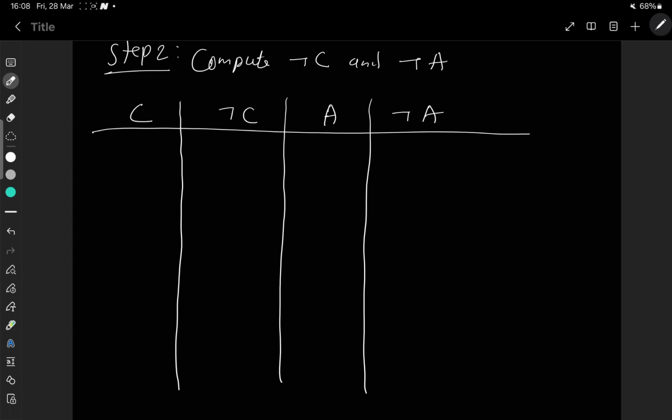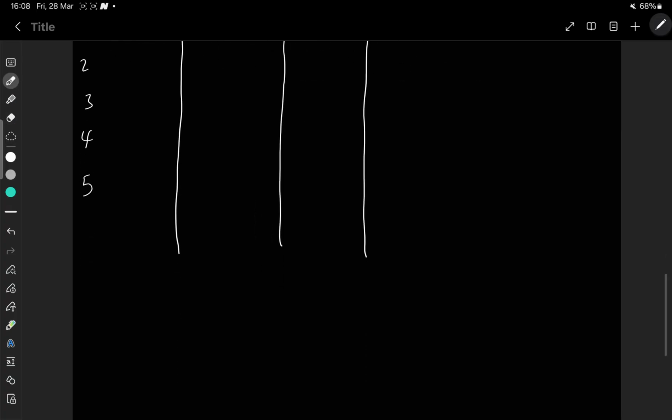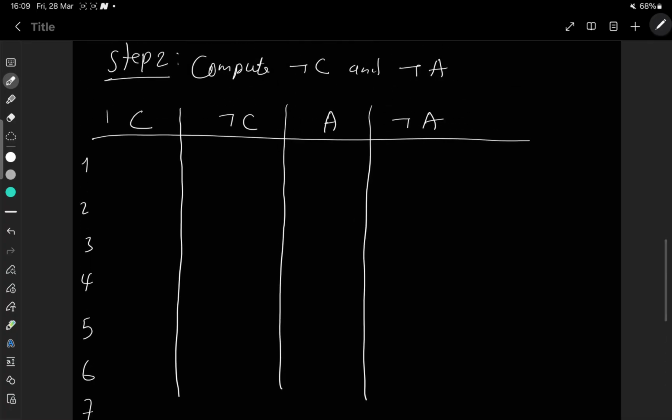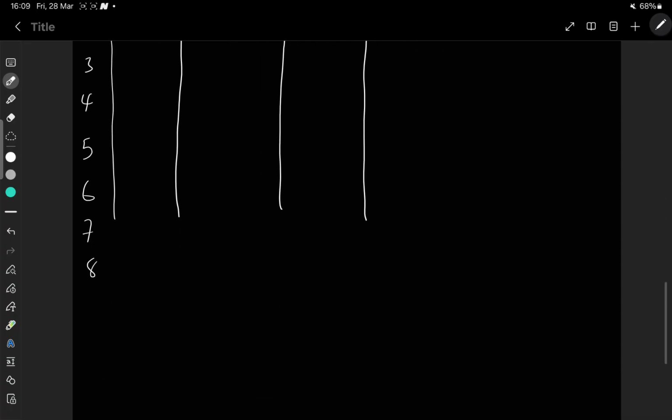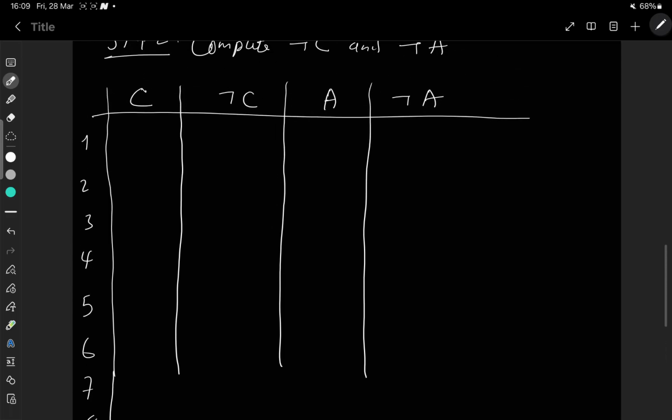Okay, let's number it 1, 2, 3, 4, still 8 combinations, 5, 6, 7, 8. C has been given to us already.